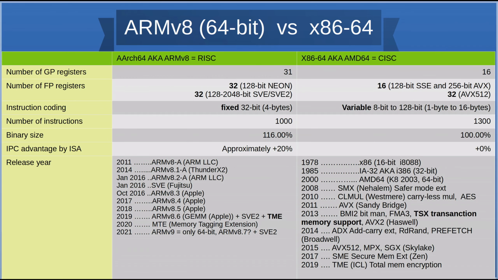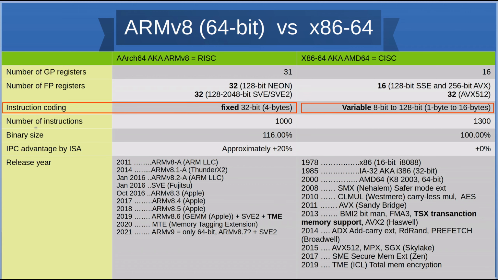Now let's take a look at and compare the instruction encoding, because this is also really interesting. ARM is a typical RISC, which has a fixed 32-bit width, which is 4 bytes. On the other hand, x86 is a typical CISC, which has a variable length and could theoretically be 1 byte to 16 bytes.